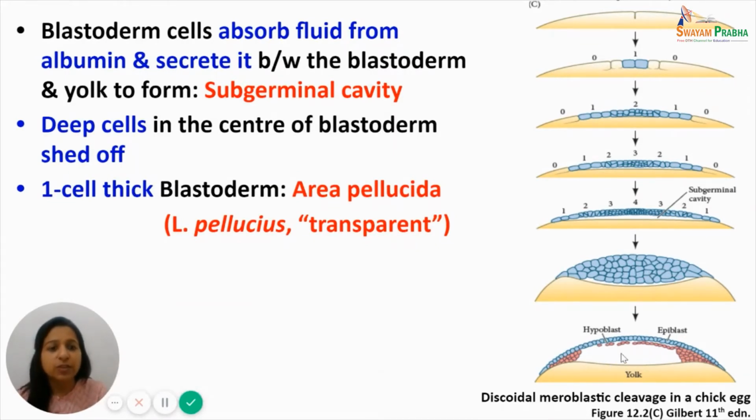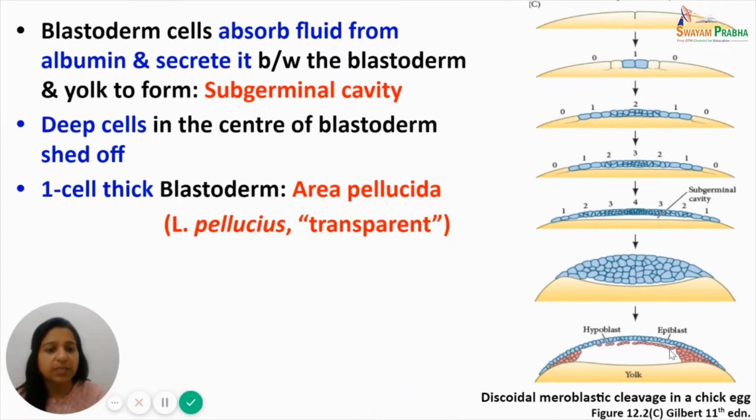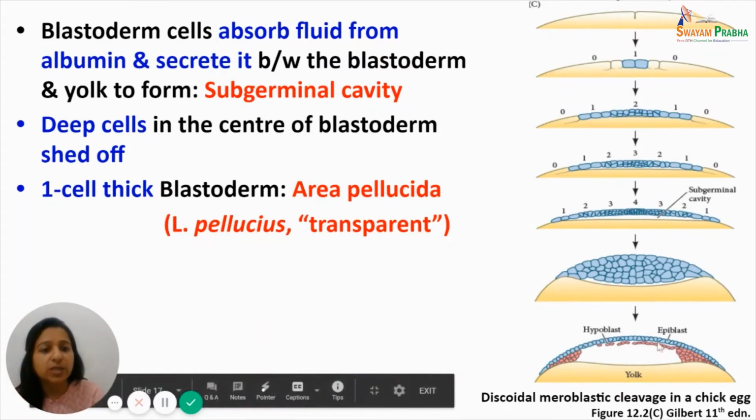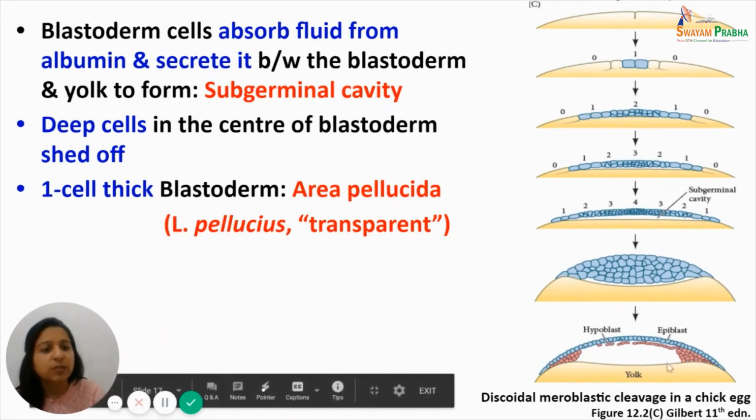This leaves the blastoderm to be just one cell thick. This one cell thick blastoderm is known as the area pellucida, where pellucidus literally means transparent. So this area pellucida is also quite translucent in nature because of the presence of this subgerminal cavity below it.